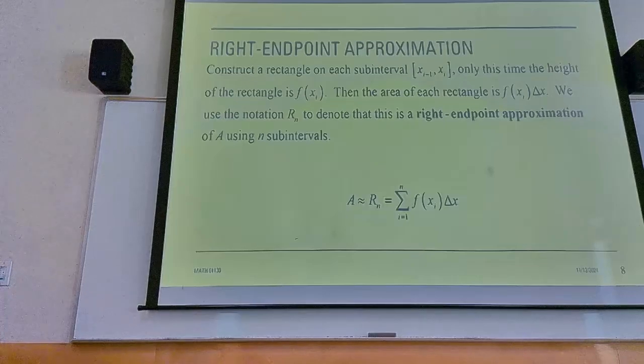Wow, it's really not in here. That's annoying. They said there is a third approximation that for some reason is not in the book.